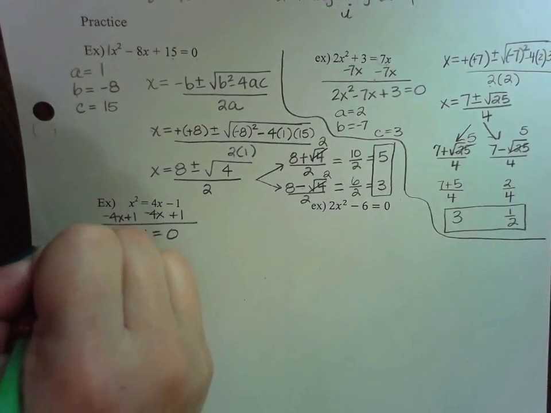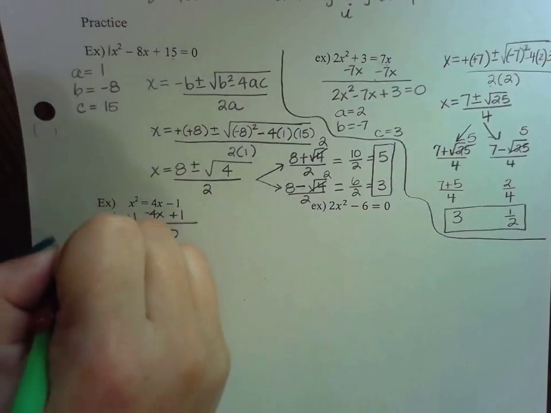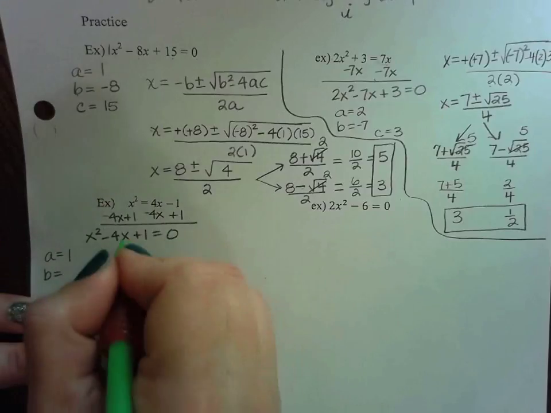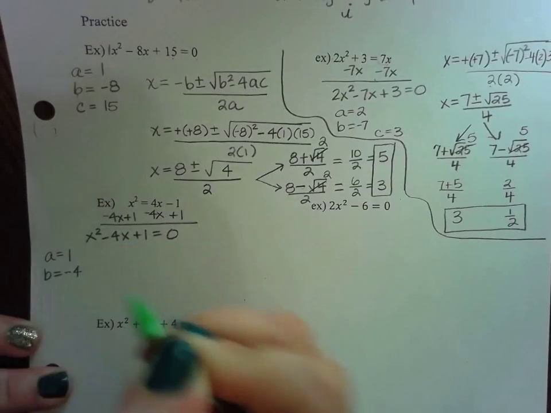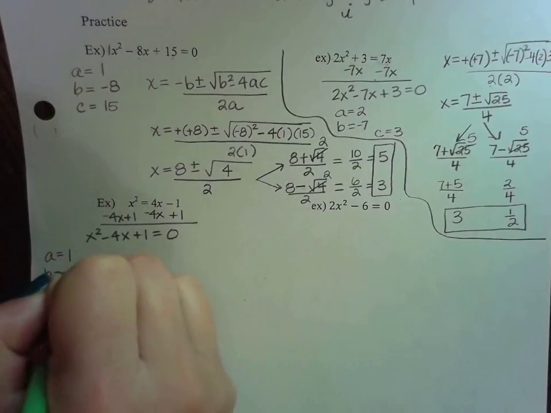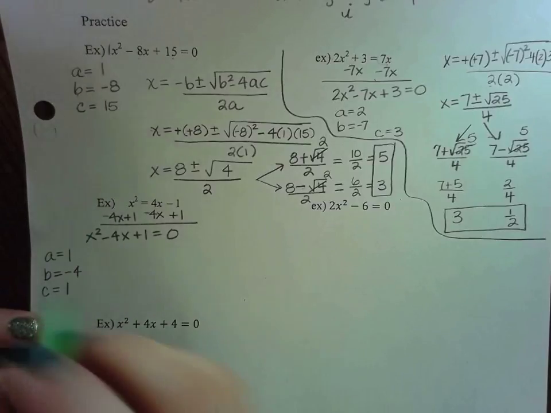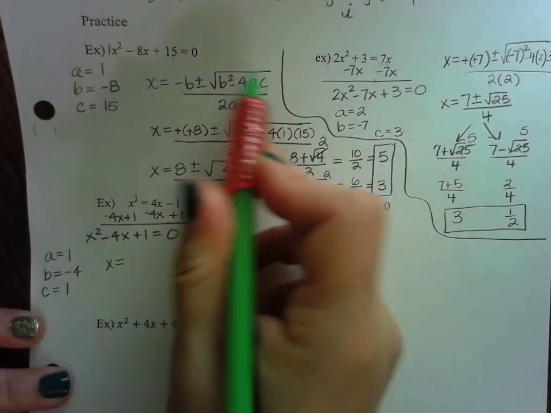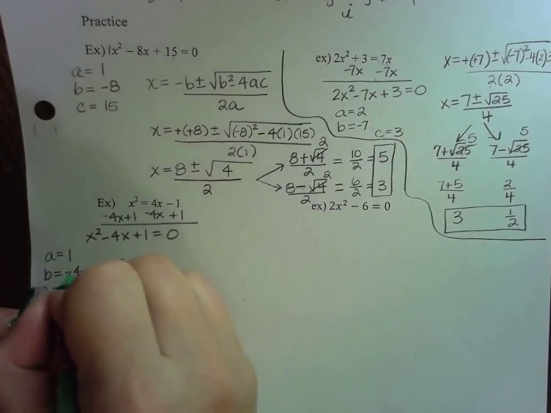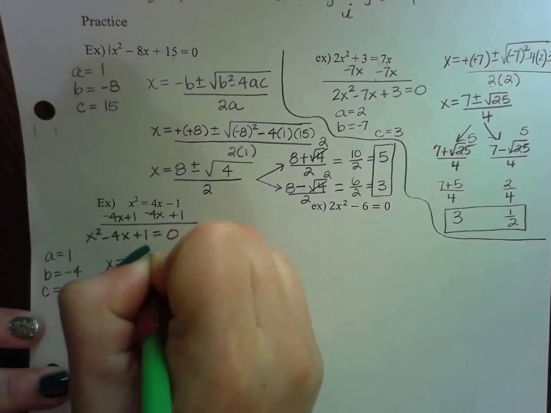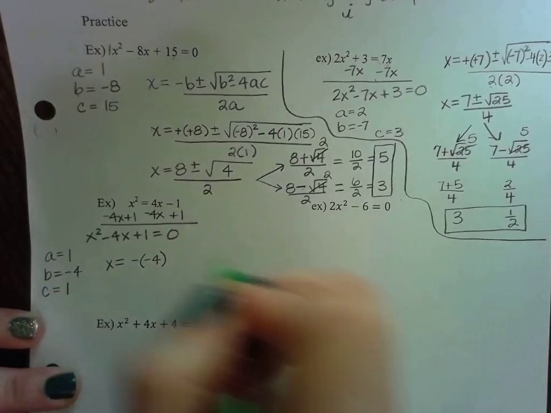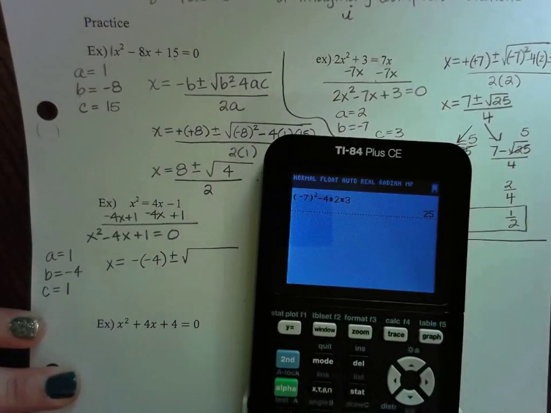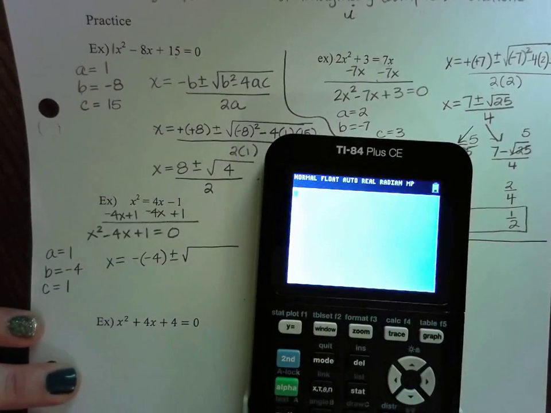So A is the number in front of x squared, which is 1. B is the number in front of x, which is -4, and then C is 1. Okay, so formula x equals, we'll use this formula up here, negative B, so it'll be 4, plus or minus the square root of, okay, so let's see here.